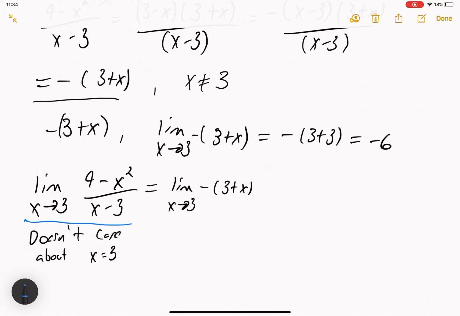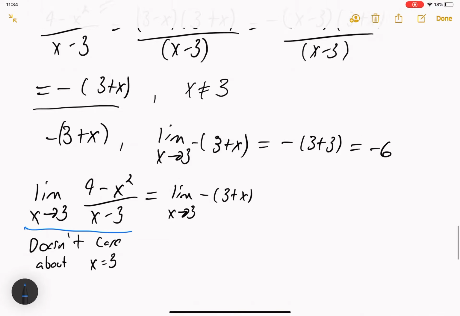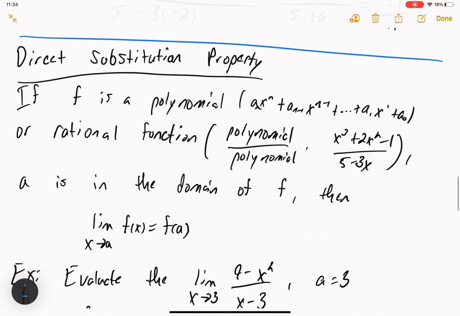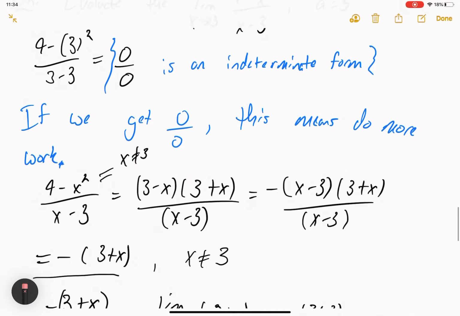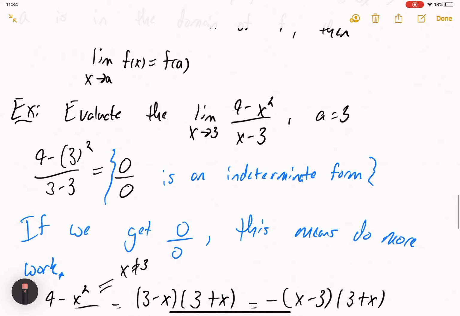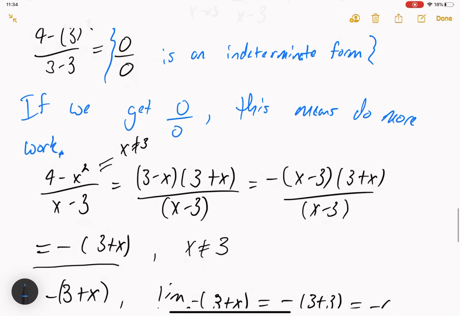It is a rational function. So the idea is we want to use the direct substitution property. We should be able just to plug it in. But the fact is that it's not in the domain. And when we do plug in 3, we actually get 0 over 0, which is an indeterminate form. So that tells us we need to do a bit more work.